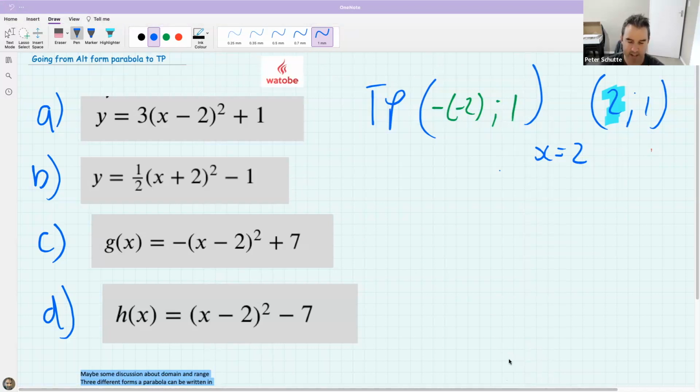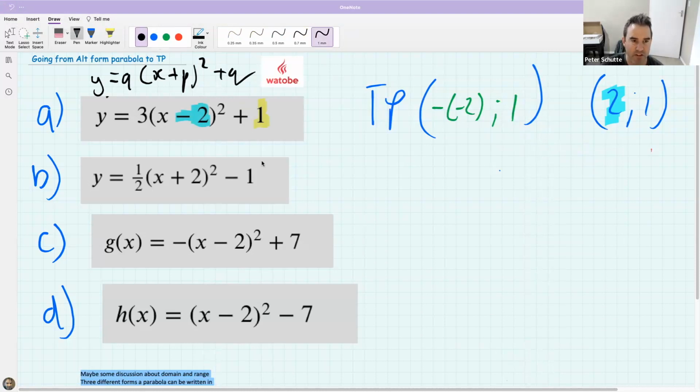So Ayanda, I can explain again. If I want to get the turning point, look at this graph here: it's got the a, and then it's got x plus p, but the p is minus 2. That was the standard form. What I'm saying is that you can just take this bit, put a minus in front of it, and then take this bit, and you get your turning point, which is going to be 2, 1.